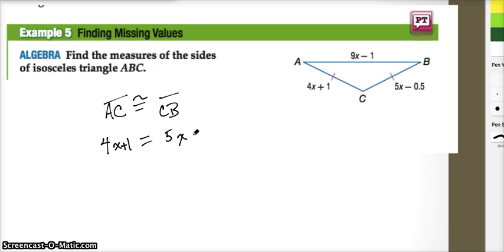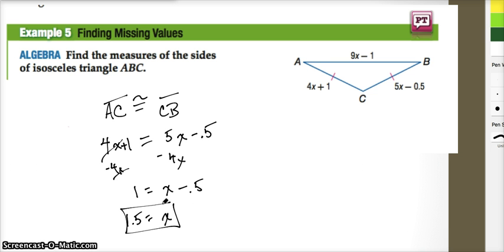When I do this, I get a handy dandy algebraic equation, and I'm so good at these now because this geometry book is chock full of algebra, which is awesome. I can solve this pretty easily. Move this over to the other side, and I get 1.5 is equal to x.